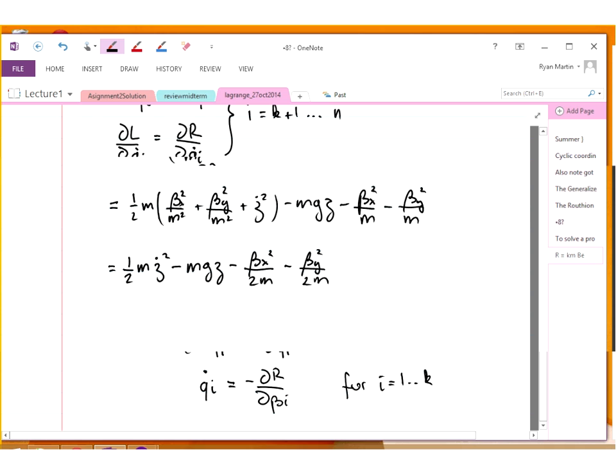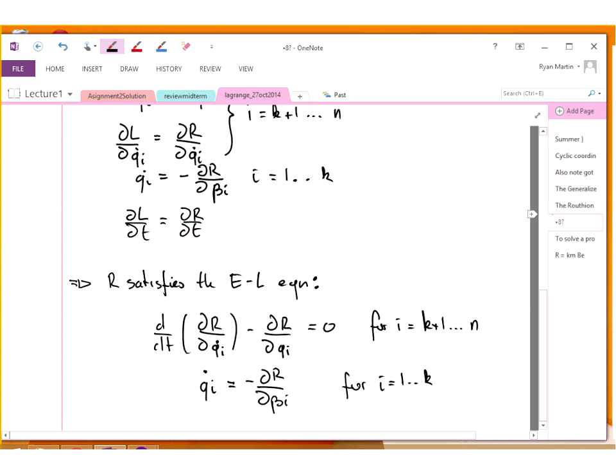So if we go back to our prescription to get the equations of motion, right, we have for the non-cyclic coordinates, we use the Euler-Lagrange equation, and for the cyclic coordinates, we write out this trivial equation. Okay?